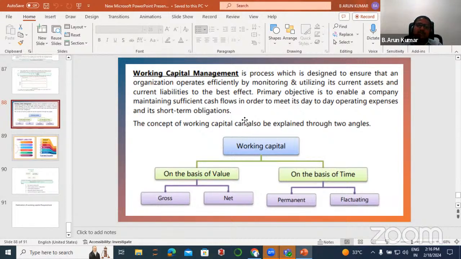To fulfill short-term obligations, we maintain some cash reserves and raw material. In different ways we block some amount to meet day-to-day operating expenses. How much money we keep depends upon the organization structure.